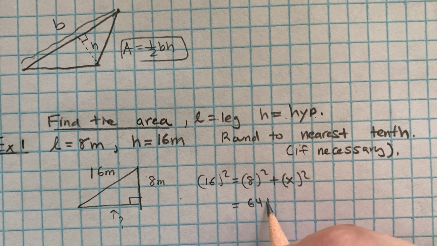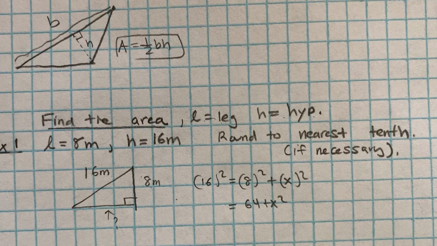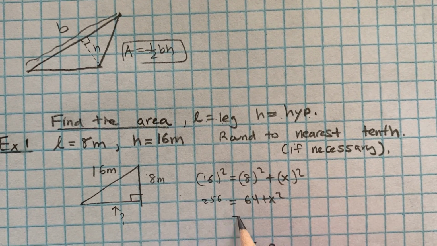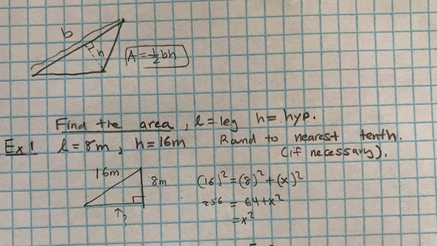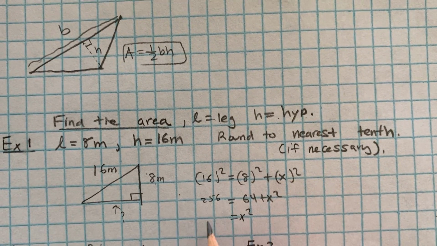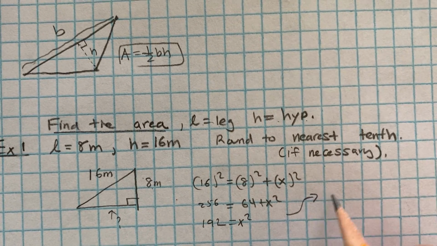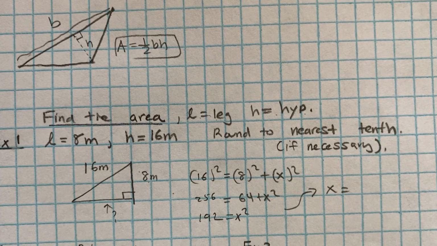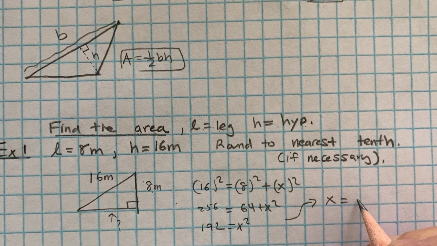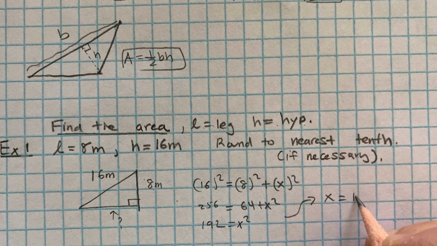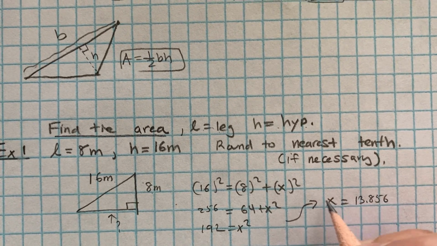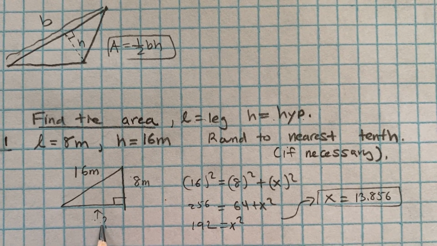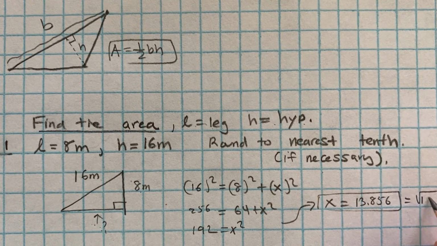Okay, so 64 plus x squared, 16 squared, I believe is 256. Okay, so 256 minus 64 will give you 192. And if you take the square root of both sides, the square root of 192, you're going to get about 13.856. Okay, so that's this length right here. Actually, you could just write it as the square root of 192 for now.